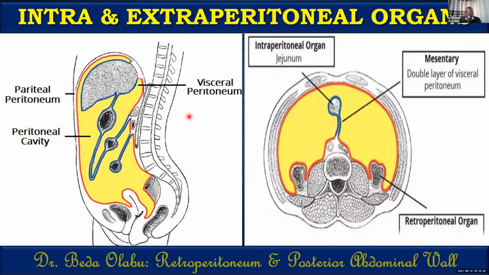Let's start with intraperitoneal organ. What is an intraperitoneal organ? An intraperitoneal organ is an organ that is lined by the visceral layer of the peritoneum. Any organ that is lined by the visceral layer of the peritoneum is considered intraperitoneal.